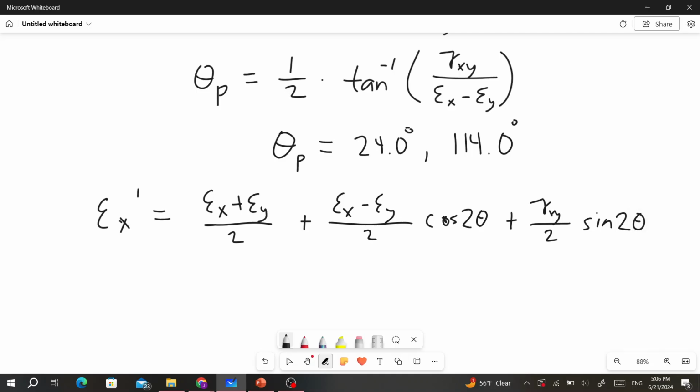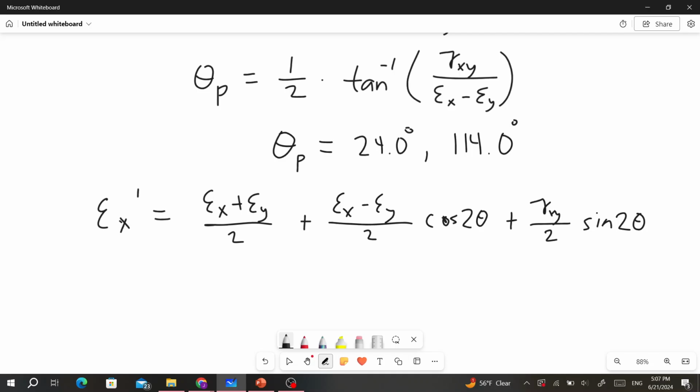Okay, so notice the transformed strain varies with angle, right? The principal strain occurs at a specific angle. So if we plug in the specific angle, 24 degrees, we know that one of the principal strains occurs at that angle.